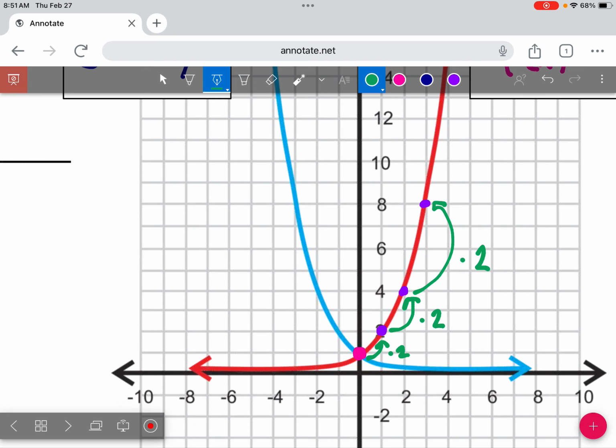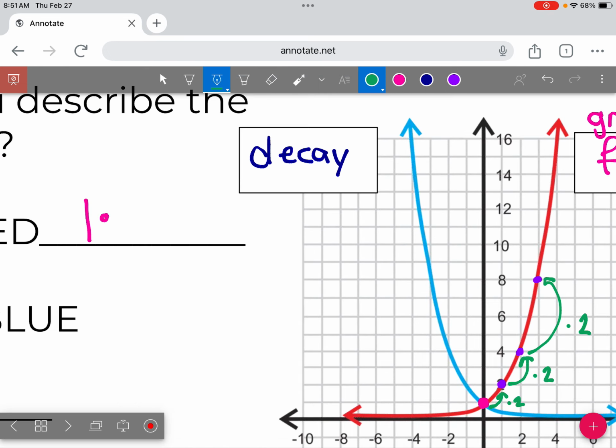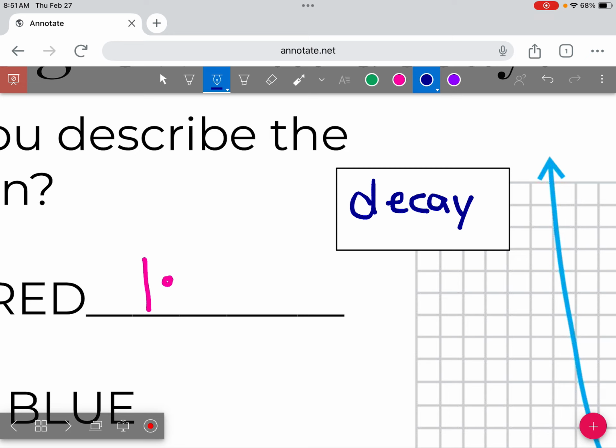So this one is doubling every time. It's multiplying by 2. So I could write the equation for my red line as 2 to the x. Every time it goes up by 1 in x, it times by 2.